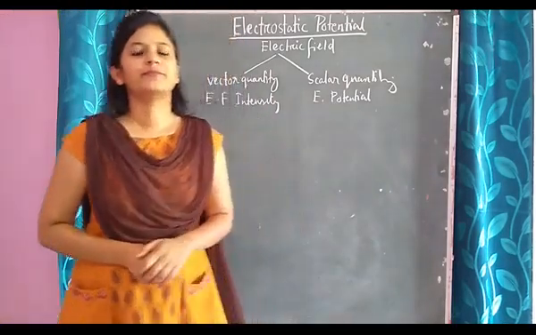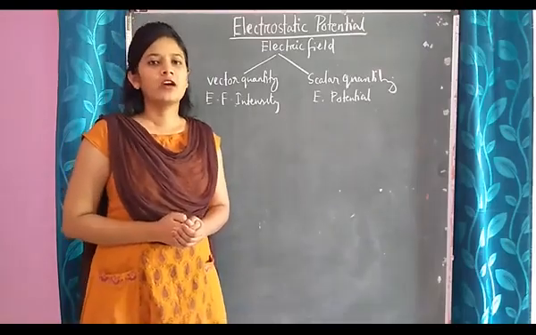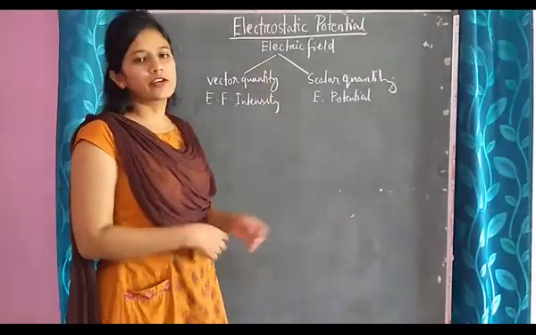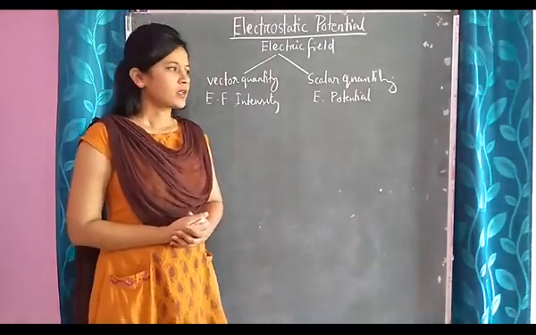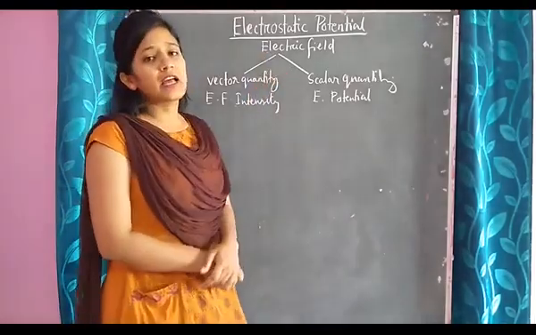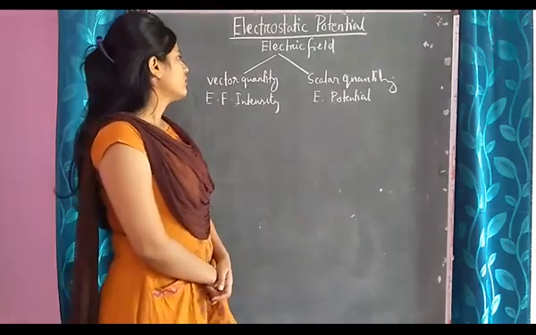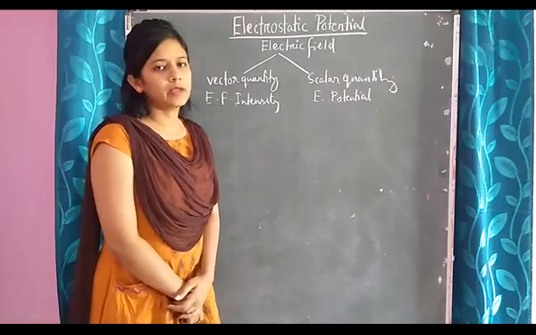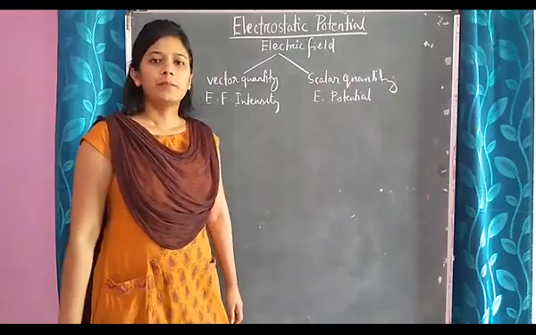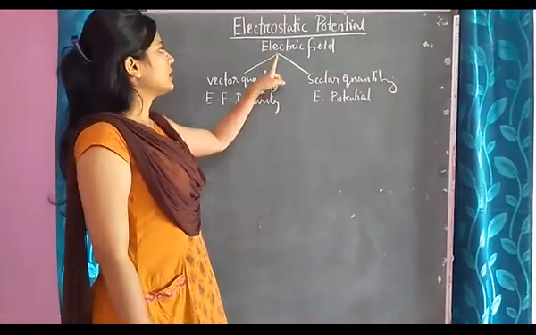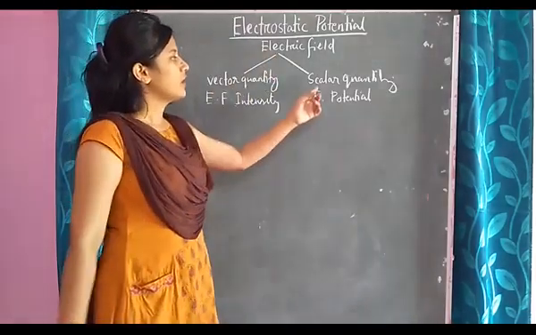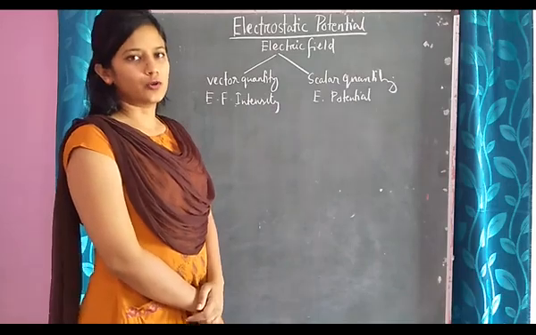Good morning students. Today I am going to start the first part of chapter 2, that is electrostatic potential. In order to describe an electric field, we used the electric field intensity term in our first chapter. But we can describe the electric field in terms of a scalar quantity also.